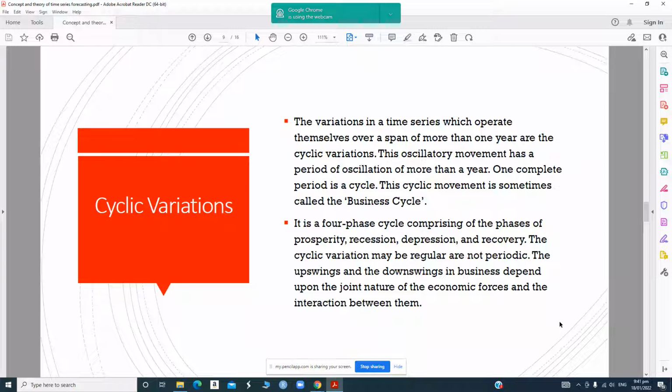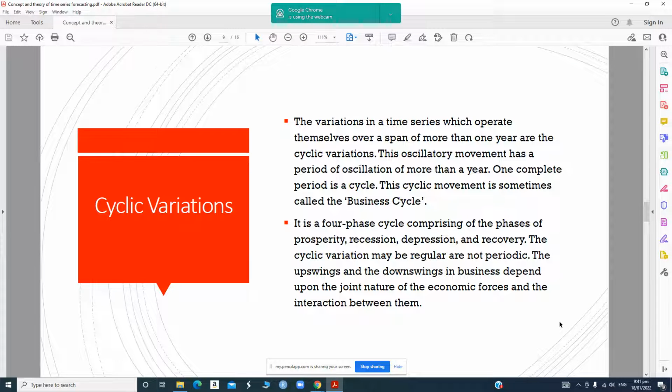Cyclic variation is almost similar to that of seasonal, but the basic difference is the time dimension. So when we talk of cyclic, the variation in the time series operates over a span of more than 1 year. So the oscillatory movement has a period of oscillation of more than 1 year. That's the difference.